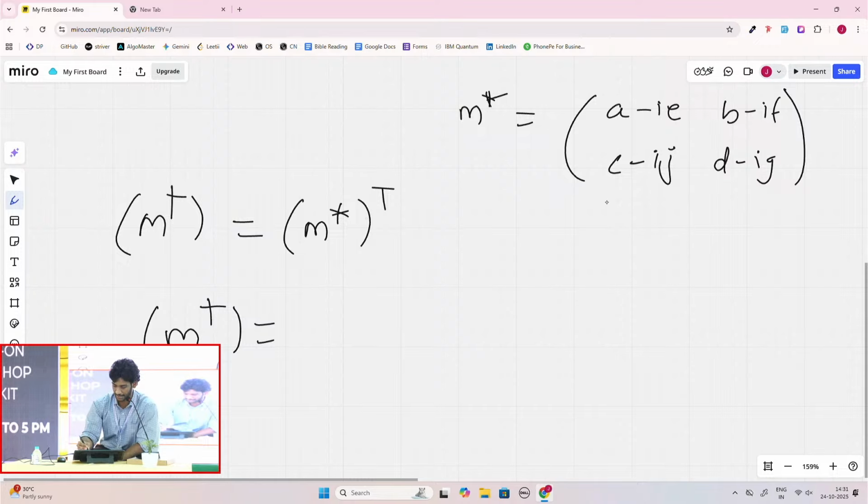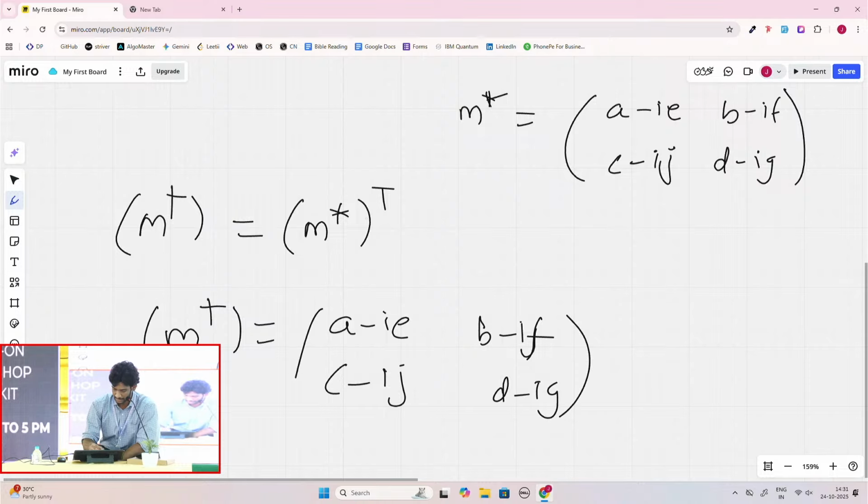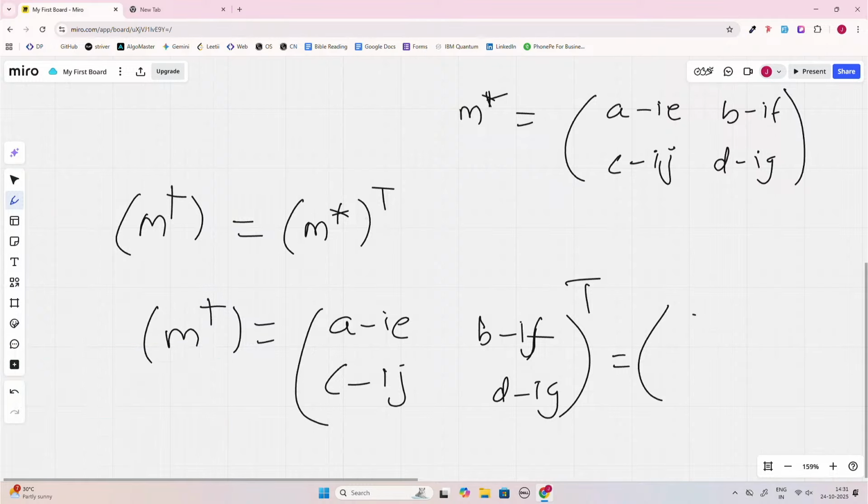First, I have the M star matrix, this one. So the complex conjugate, I will write A minus IB, C minus IH. And I will simply transpose this guy. I guess you guys know the transpose operator. Row becomes column, column becomes row. So it will be A minus IE, C minus IJ, B minus IF, and D minus IG.